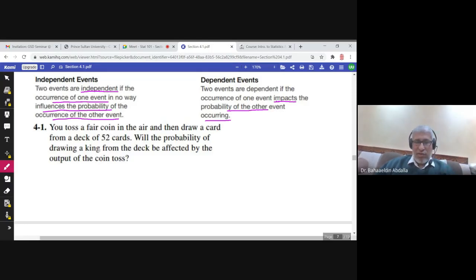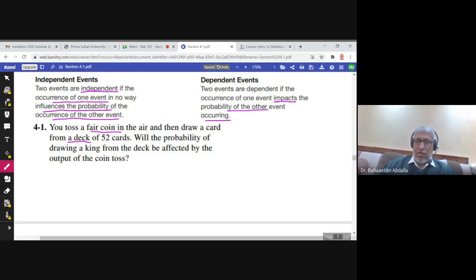You toss a fair coin in the air and then draw a card from a deck of 52 cards. So let us understand the experiment here. The experiment consists of two actions. First, you toss a fair coin, and then you draw a card.